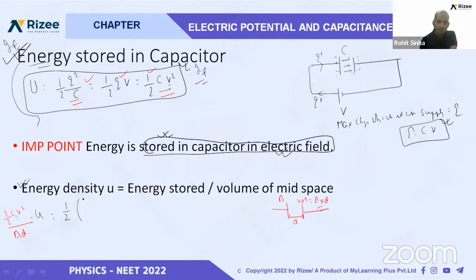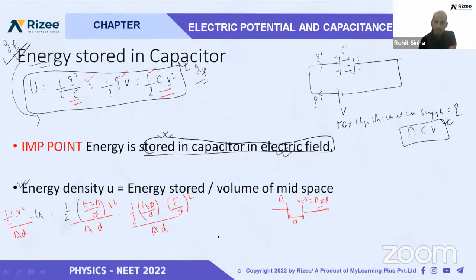Value of capacitance, we can write like this: half epsilon naught A by D into V square by area into D. Also, we can write, we know voltage is equal to electric field times distance, whole square. After putting these values, all things will get cut here.